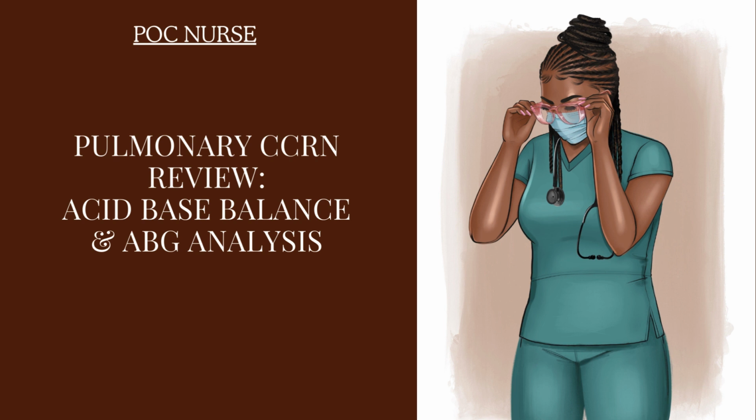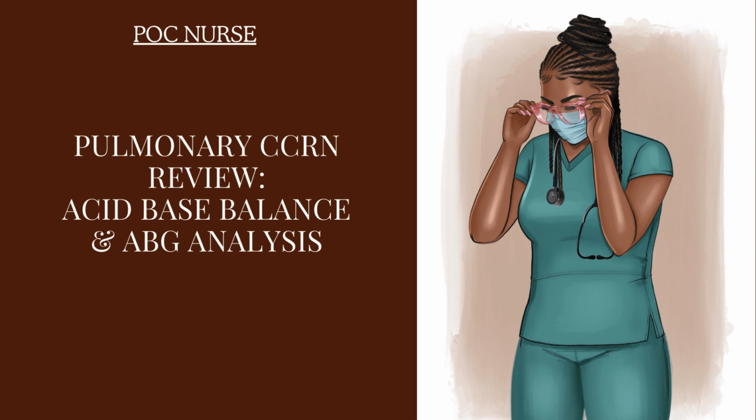Now, is it respiratory or is it metabolic? That's the next question. Look at your PCO2. If it is normal, you've ruled out all respiratory issues. This is not a respiratory anything. You go on to your bicarb number. If it's abnormal, then you are looking at a metabolic acidosis or a metabolic alkalosis. So always first thing, what's my pH? Your pH will tell you if you're alkalotic or acidotic.